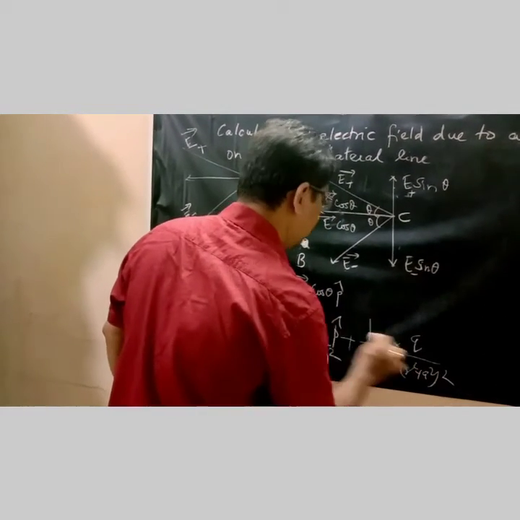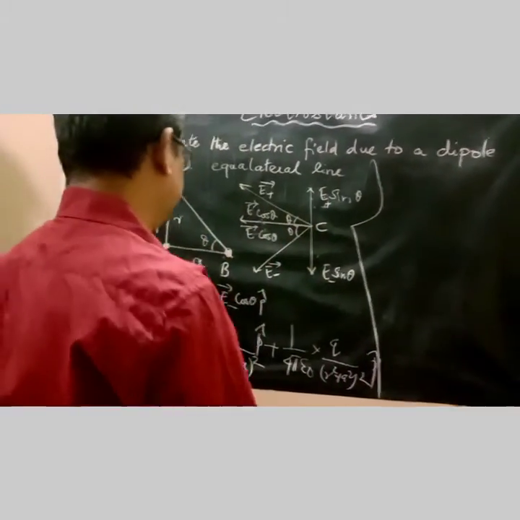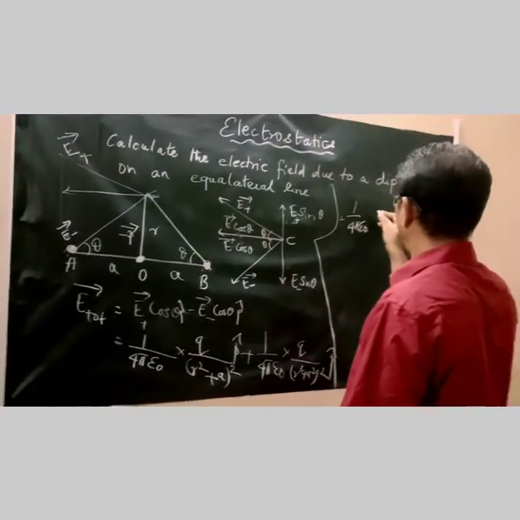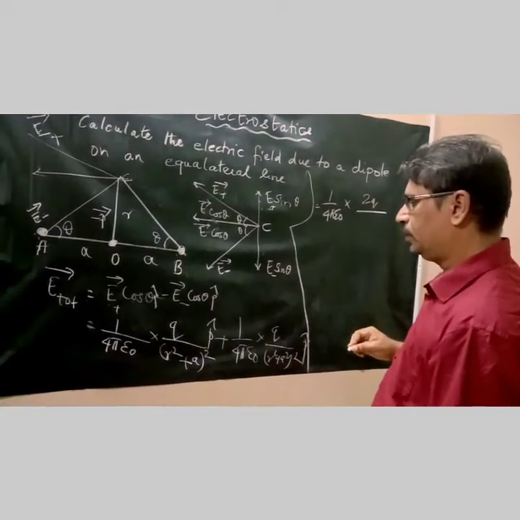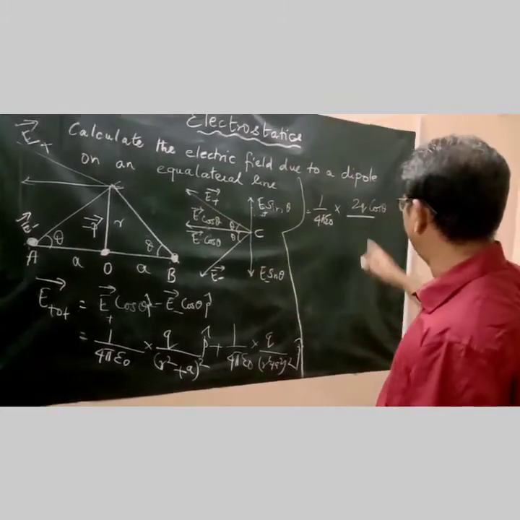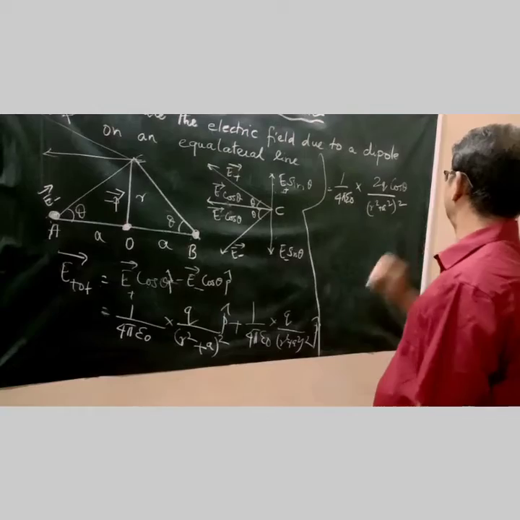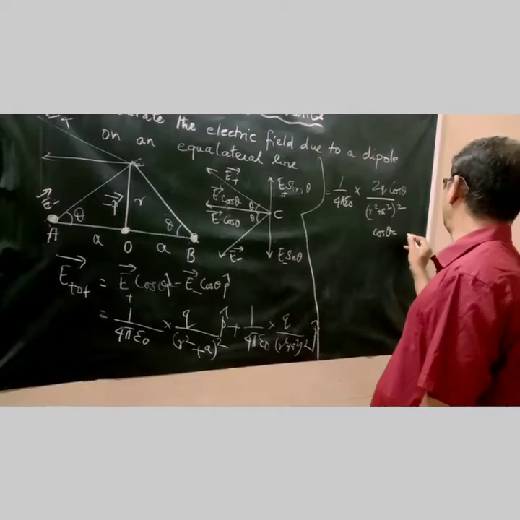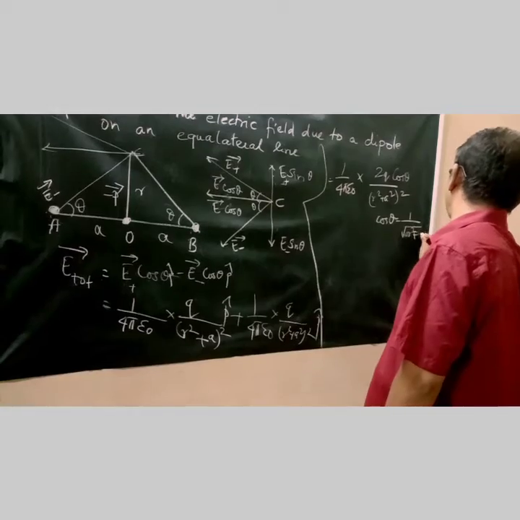Here also P vector and here also P vector. So what will be the total value for this expression? It is equal to 1 by 4 pi epsilon naught into 2Q cos theta. Since we have this cos theta component, we take 2Q cos theta by R square plus A square the whole square. And cos theta is given by 1 by root of R square plus A square.